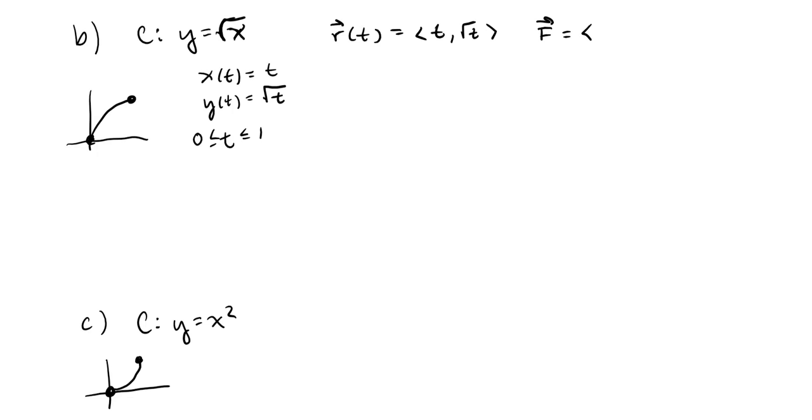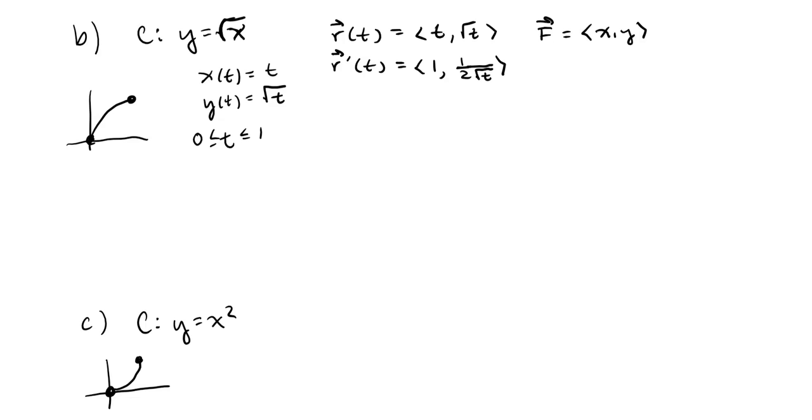F, remember, was (x, y) for this one. r' we can find is going to be 1, and then for the square root of t, bring down the power, so it'll be 1/2, and then we're going to reduce the power on t by 1, so it'll be 1 over 2 square root t.